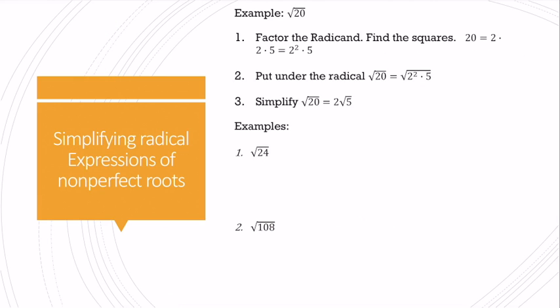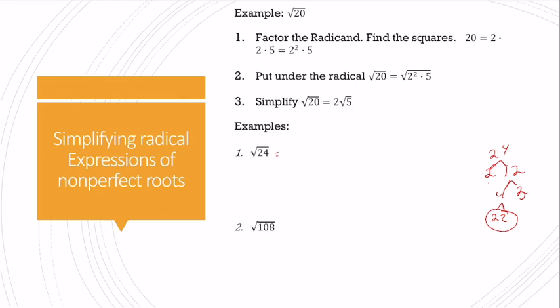Next, I have the square root of 24. So let's go ahead and make a factor tree for 24. 24 is 2 times 12, which is 4 times 3, and 4 is 2 times 2. So are there any squares here? Yes, there is. I have two 2's, a 2 and a 3.